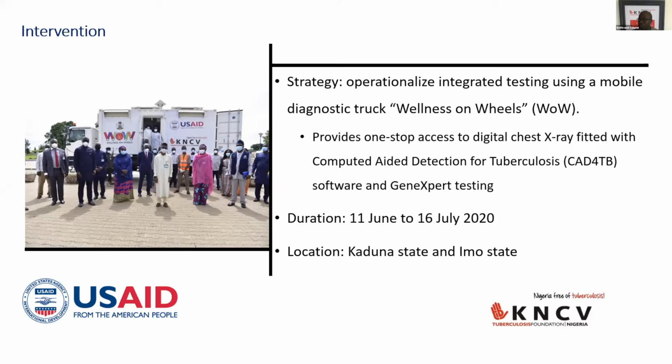It provides one-stop access to digital chest X-ray, because each of these trucks is fitted with computer-aided detection for TB, the digital X-ray, and 8-module GeneXperts each. The intervention we did in Nigeria is the earliest recorded integrated testing of both COVID and TB. It was carried out for about one month, from 11 June to 16 July, in the two states of Kaduna and Imo, covered by the two Wow Trucks, the northern and the southern. I will share the results from this experience.